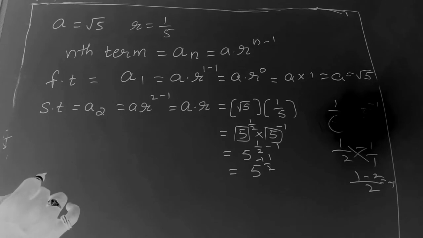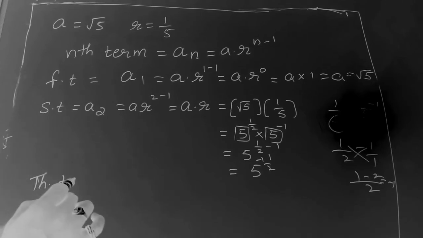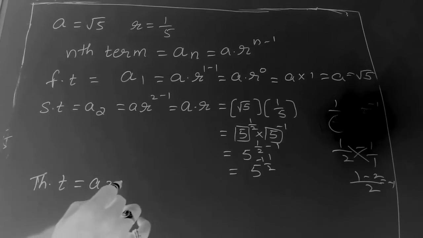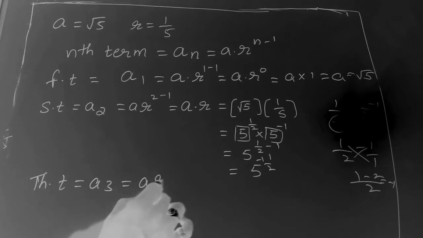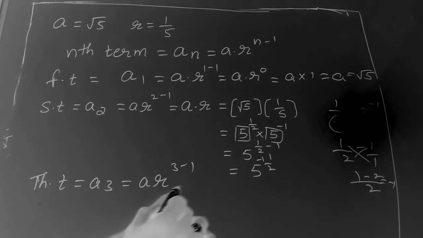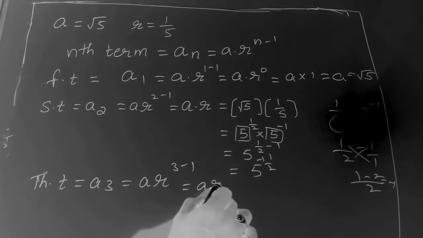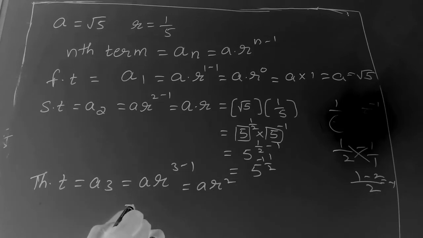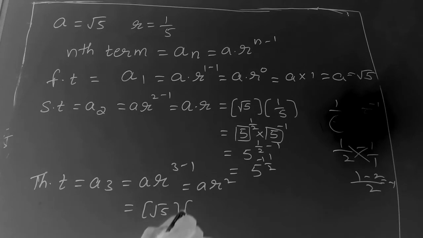And the third term, a3, is a into r to the power of 3 minus 1, so a into r square. The value of a is root 5, and r square is 1 by 5 square.